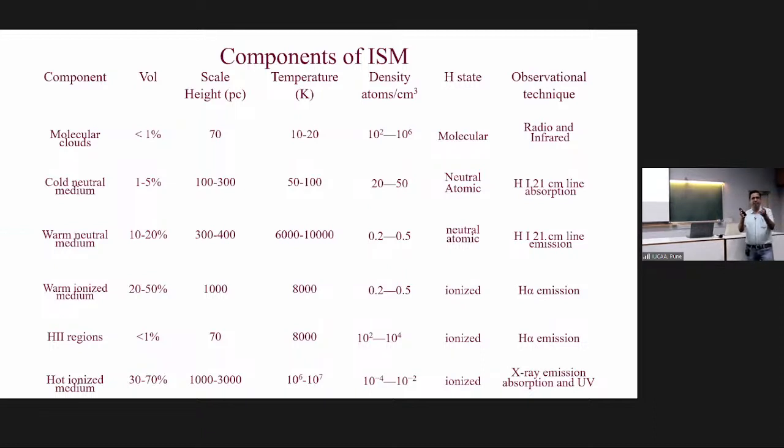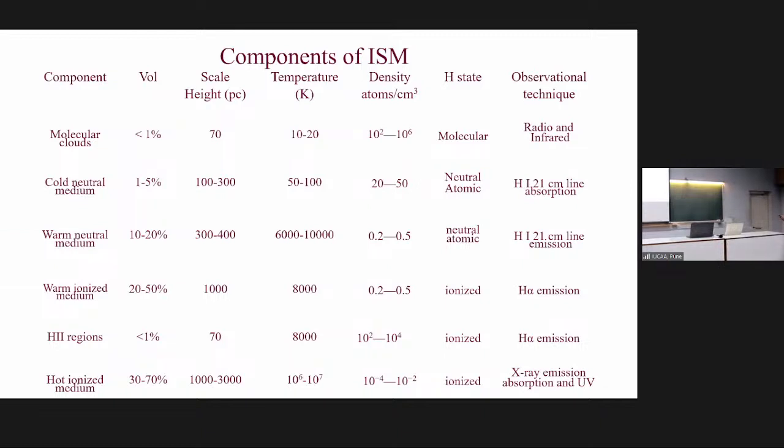They are dense because the star has just formed from a dense interstellar cloud, so the density in the vicinity of that star will be higher. The temperature will also be higher because it is a young massive star giving out a lot of UV photons which ionize the hydrogen in the vicinity. So when I say H II, everybody understands it means H plus.